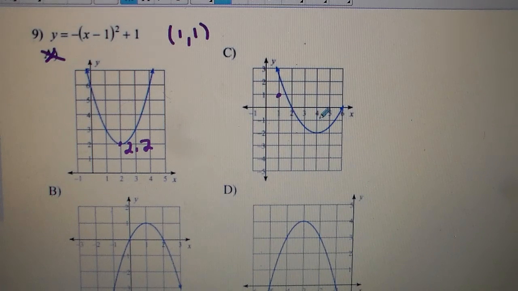Well, that's not the case because the vertex for this guy is 4, -2. So we know C is out. B is 1, 1. So we're looking good there. And D is not. That's -3, 4. So once again, based on our multiple choice, the only one that had the correct vertex was option B. So that's why our answer is option B.